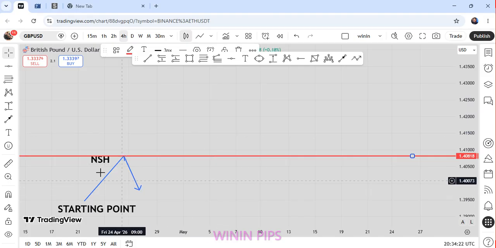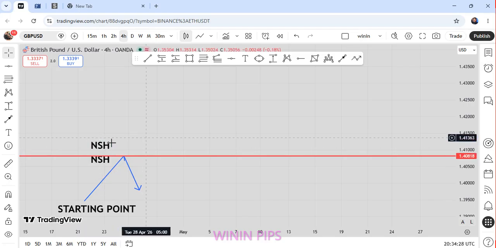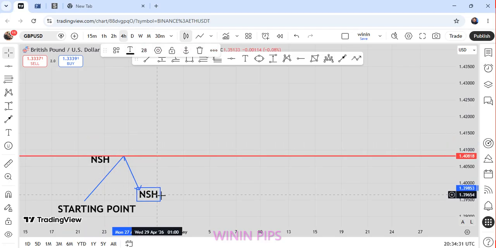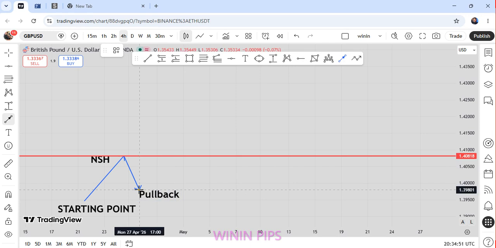So this is the pullback, or retracement. So now our next move can test this particular high, but if you don't break it, you cannot consider this to be an uptrend.